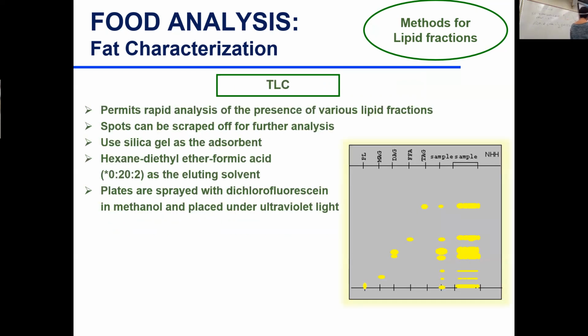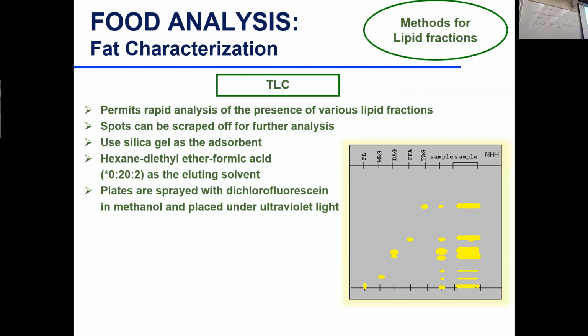So the last thing here is thin layer chromatography. And this is mostly qualitative. They do that in experimental nutrition, the class for nutrition majors. It's actually, I believe, one of the labs for their blood samples. The students give blood samples and they look at the distribution of these different components in the blood sample.